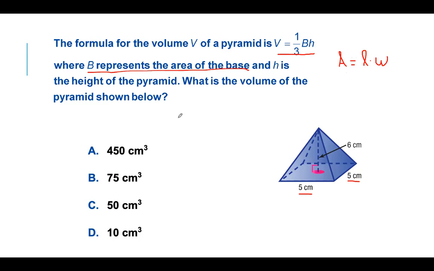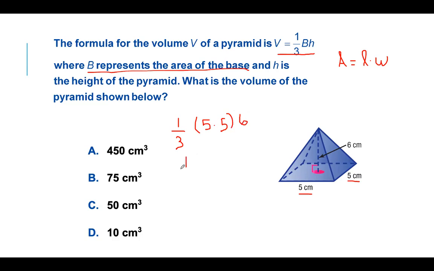So we keep our 1/3. And to get my area, I'm going to multiply my two side lengths. So we're going to do 5 times 5, and that is my B value. And then we're going to multiply by the height of 6.